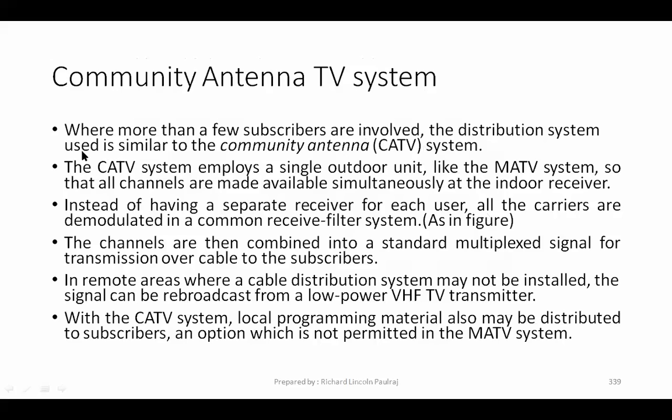The distribution system used is similar to the community antenna television system. The CATV system employs a single outdoor unit like MATV. So here also we have a single outdoor unit so that all the channels are made available simultaneously at the indoor receiver. But the only thing here is that it serves a larger area.